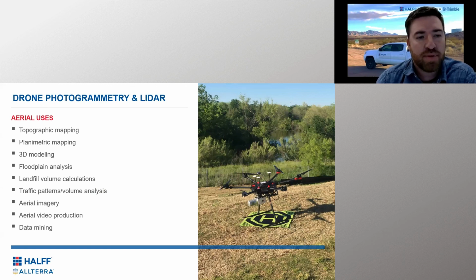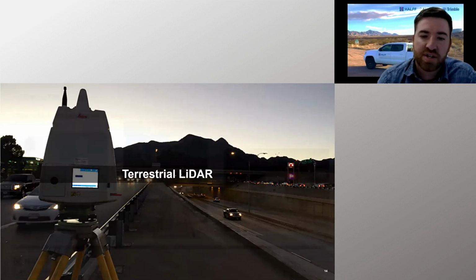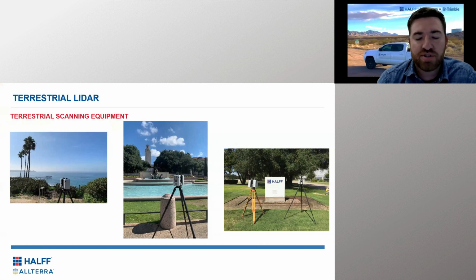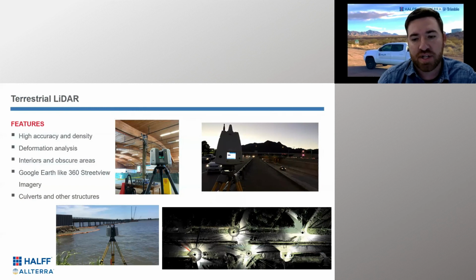So a lot of benefits to the aerial usage. Just again, a quick look at some of those. And I'm going to show you some projects towards the end of the presentation where we're doing a hybrid data collection where we're utilizing terrestrial data, drone data, and the bulk of the work is our mobile acquisition, and we're tying it all together.